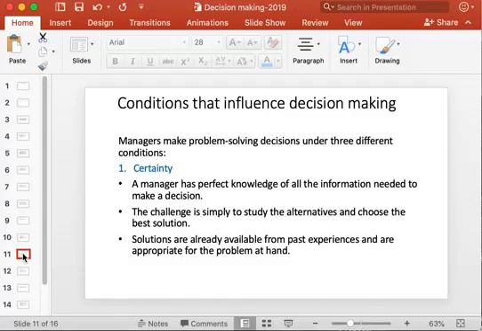So, to talk about that, managers usually have to make decisions under three different conditions, that is, certainty, risk, and uncertainty.